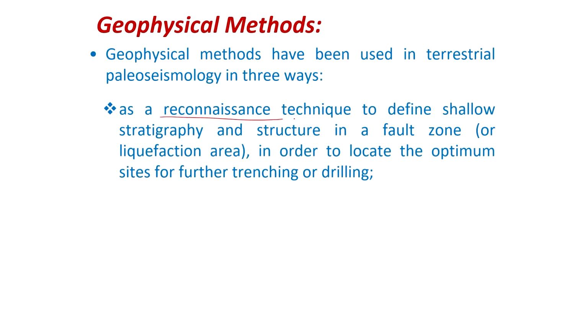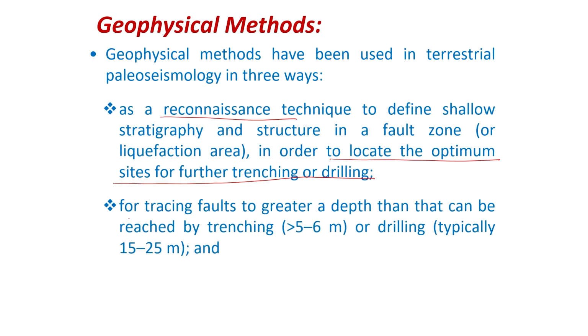So, this is one part, that we do a reconnaissance, and locate the optimum site for further trenching or drilling if you want to do. Then for tracing faults to greater depth, that can be reached by trenching.